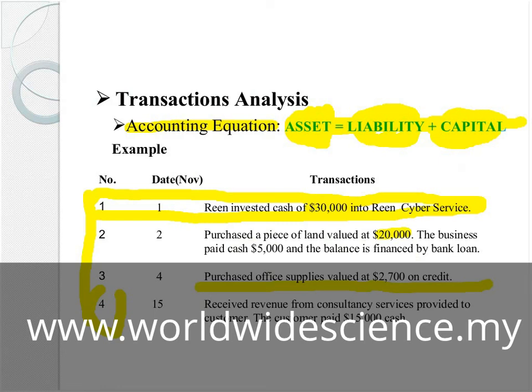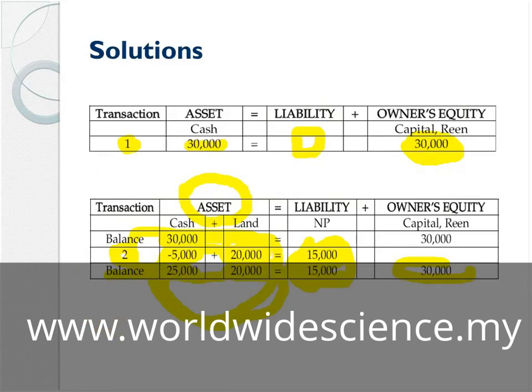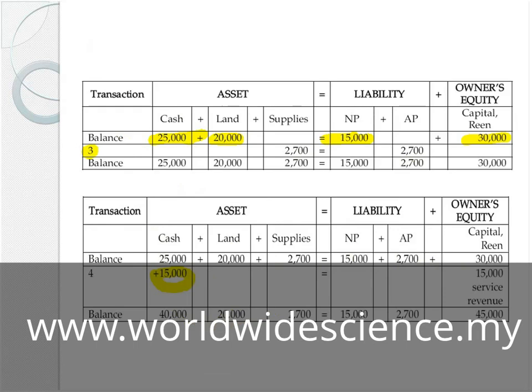So we bought some equipment for 2,700, and we show it in the supplies, and also in the liabilities because we haven't paid, but we have taken it on credit. You see why we show it on the two sides? Because we haven't paid this cash, we have taken it on credit.